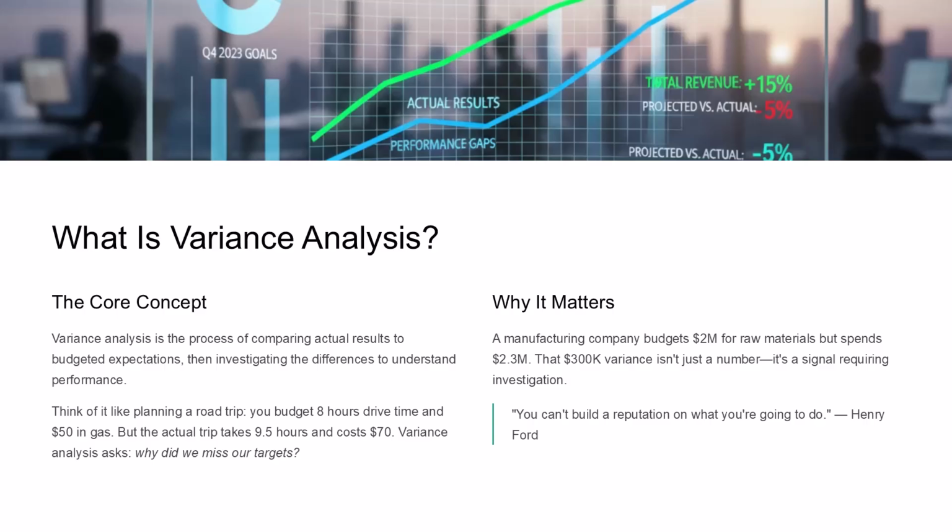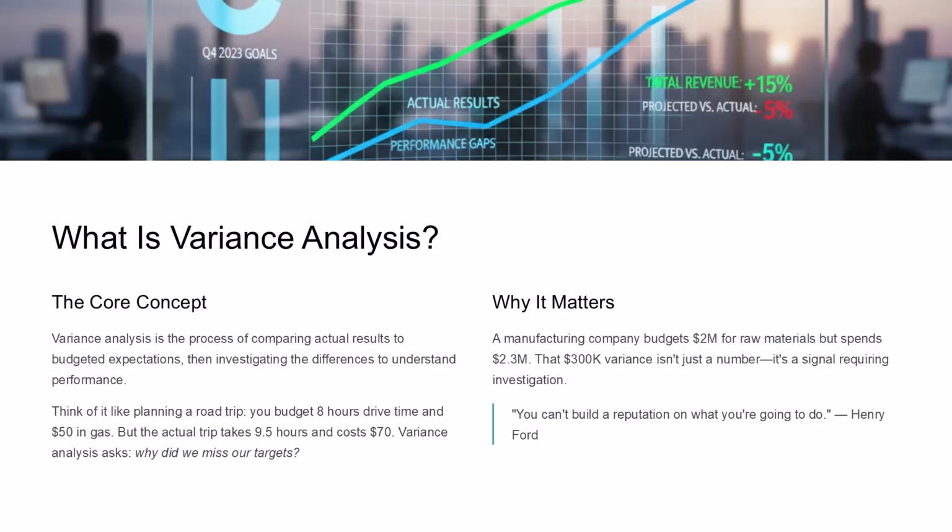In business, these variances matter exponentially more. A manufacturing company might budget $2 million for raw materials in a quarter, then spend $2.3 million. That $300,000 variance isn't just a number, it's a signal. Maybe suppliers raised prices. Maybe production used more material than expected.